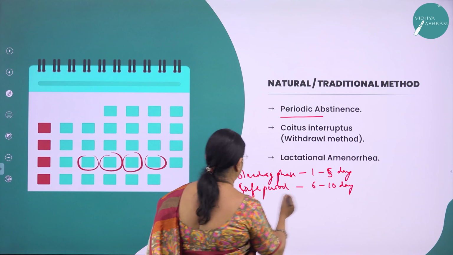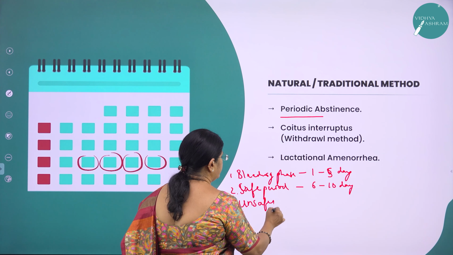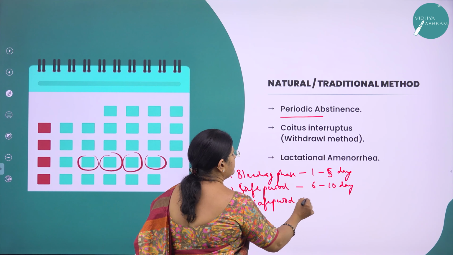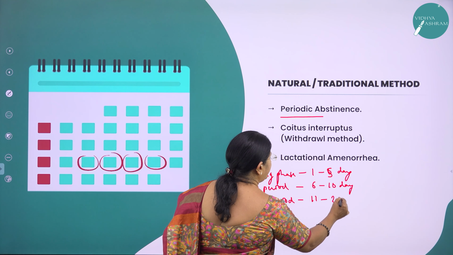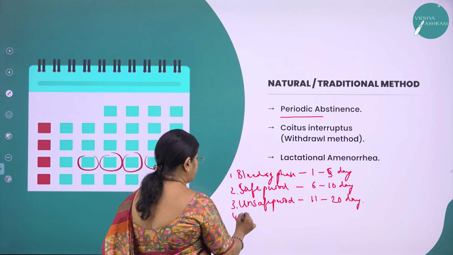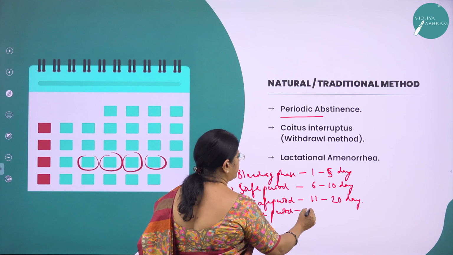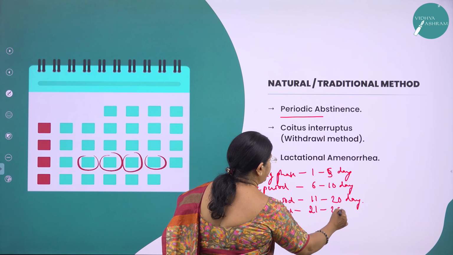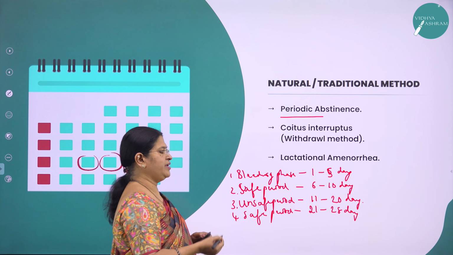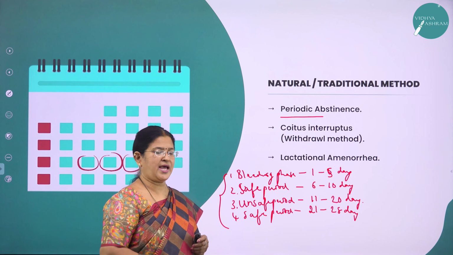Third one is called unsafe period, that is from 11th to 20th day, and fourth is called the safe period, which is from 21st to 28th day. This is very important for us to know about this periodic abstinence.